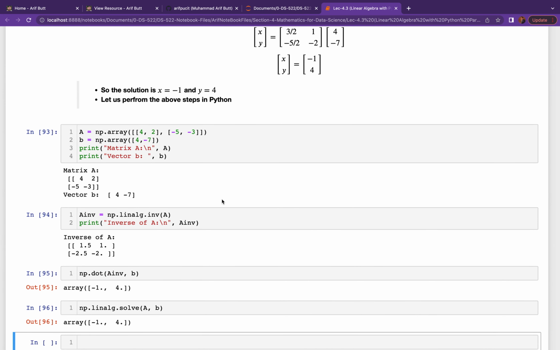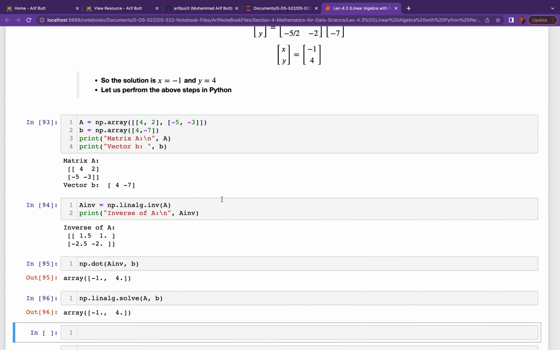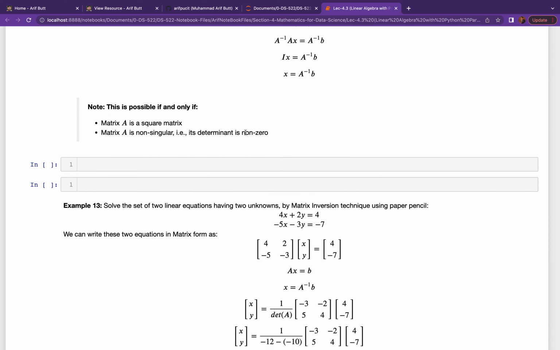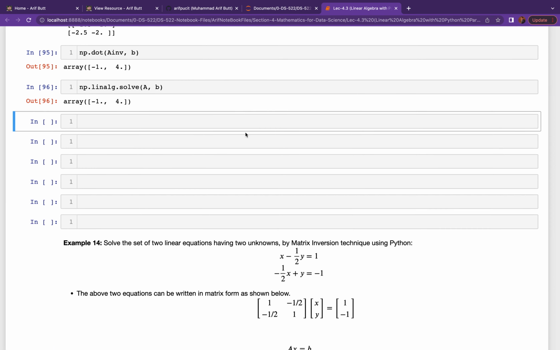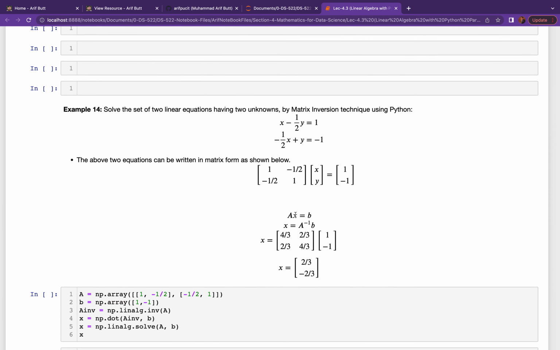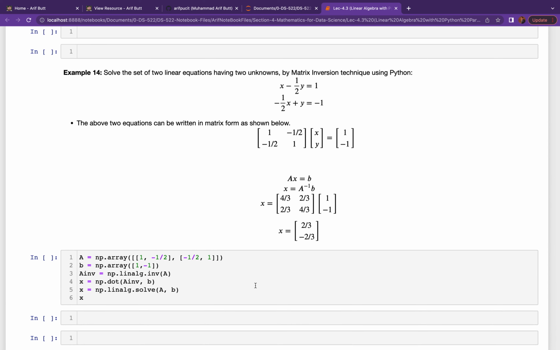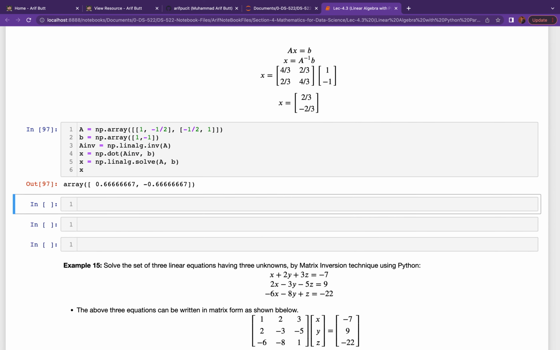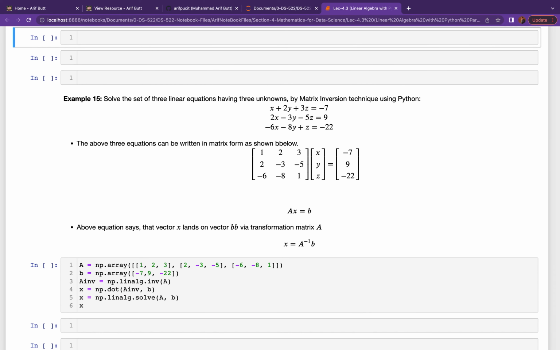Remember, the limitation of this method is that this matrix has to be a square matrix, and its determinant must be non-zero. Okay, so this is another example. Please do the math. And this is another example over here.